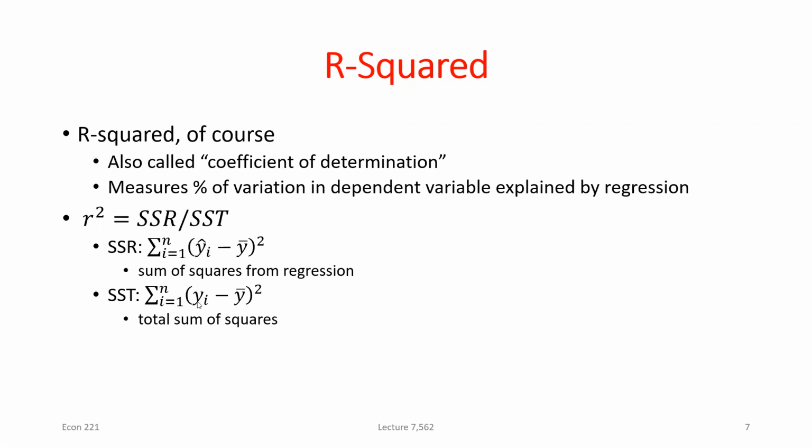Total sum of squares would be, well, what is the actual variation that exists in this Y variable? Well, that would be the difference between the actual Y values and that average Y. So think about it as, what's the only thing that Y hat doesn't have that Y does? The only thing that Y hat doesn't have are those epsilon terms, right?